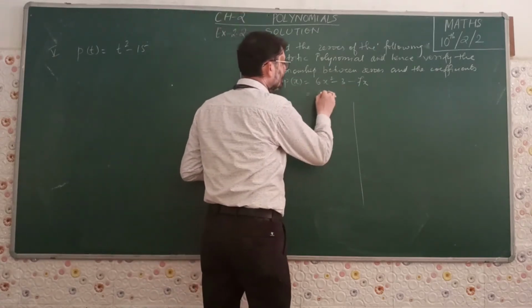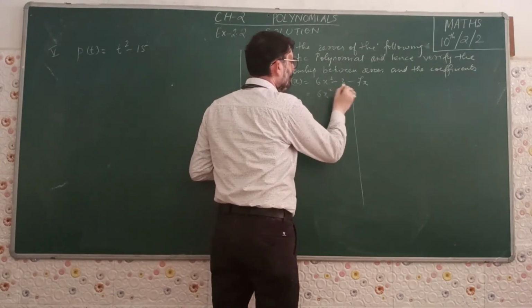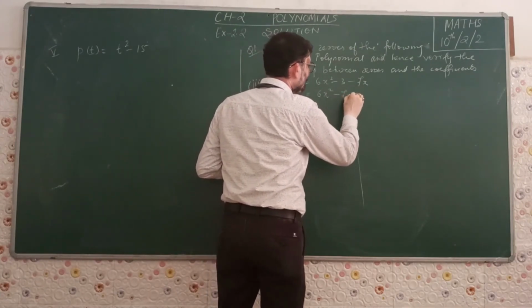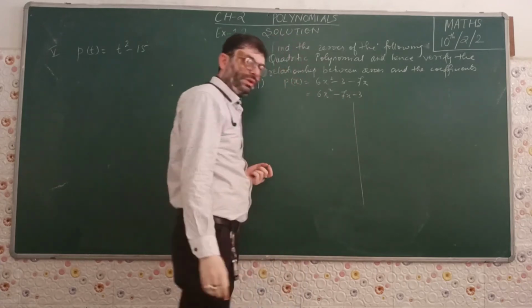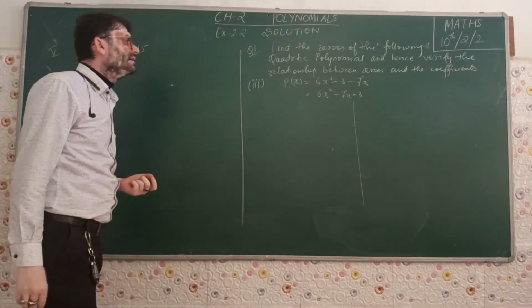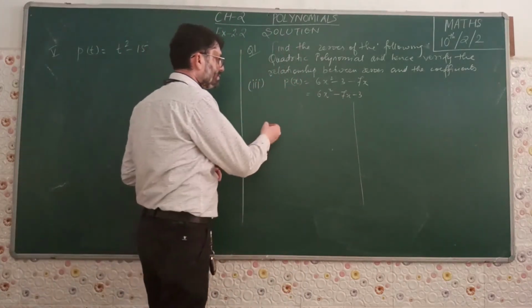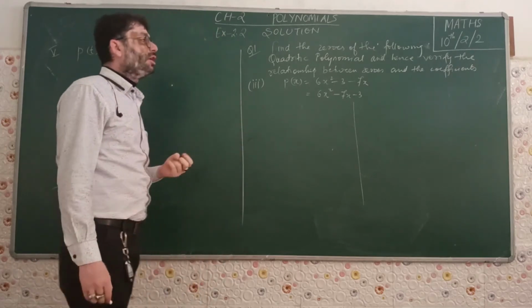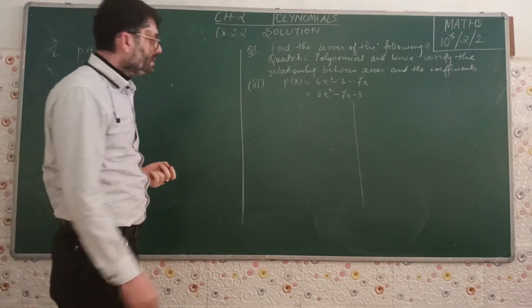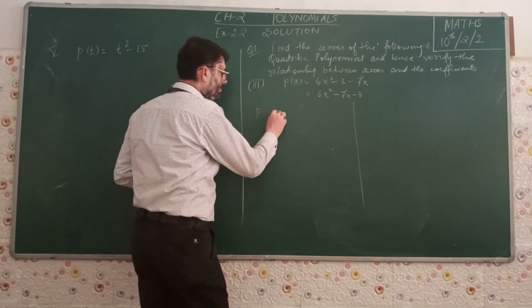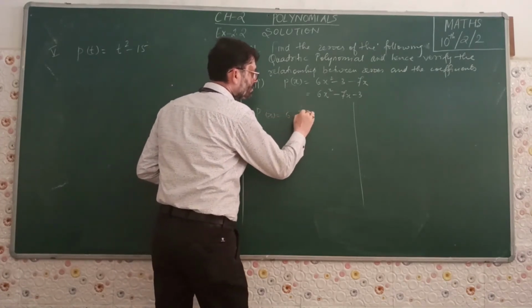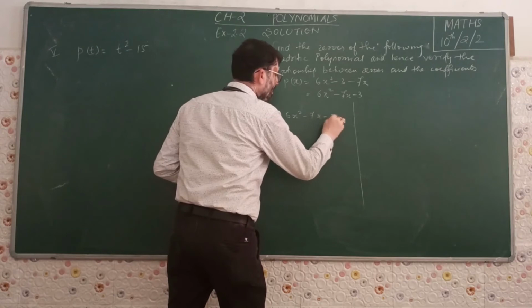So this is 6x squared, then degree 1, this is minus 7x, and then minus 3. We need to find the zeros for it. That means we will have to find those values of x for which the polynomial becomes 0. So let us move forward. P of x is equal to 6x squared minus 7x minus 3.